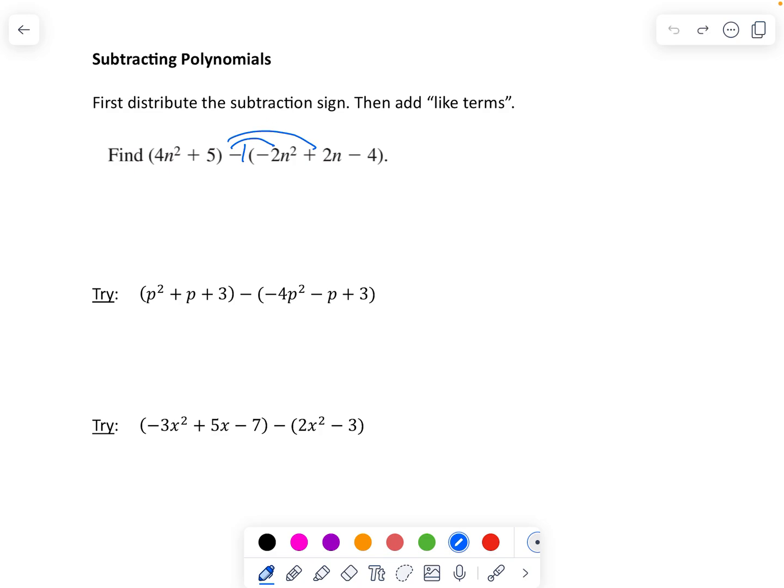Another way to think of it is the keep, change, switch. So keep the first part, 4n squared plus 5, change, and then switch everything in the second parenthesis. I guess I didn't need to write that here. We can just make those changes.